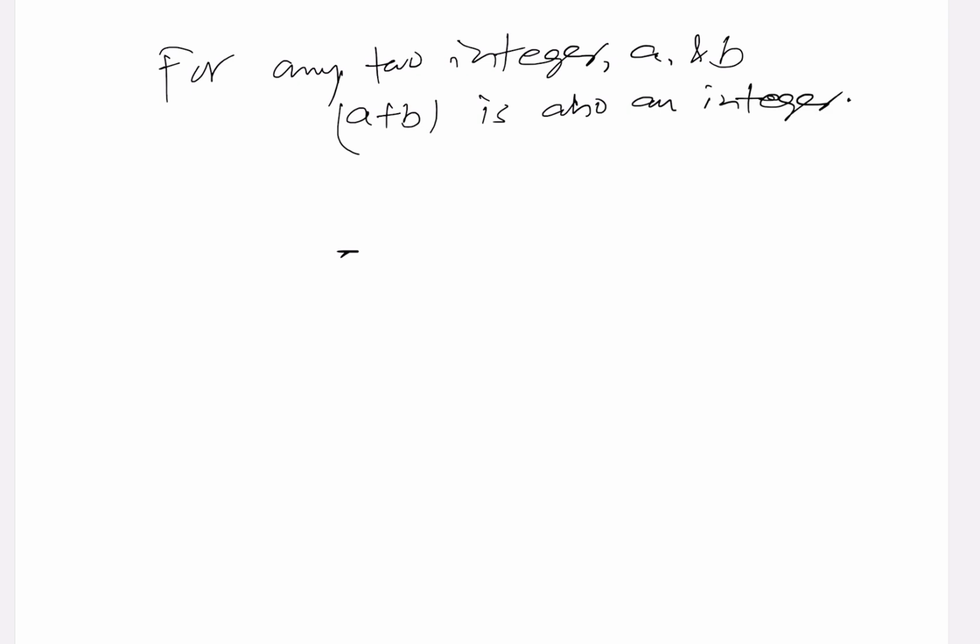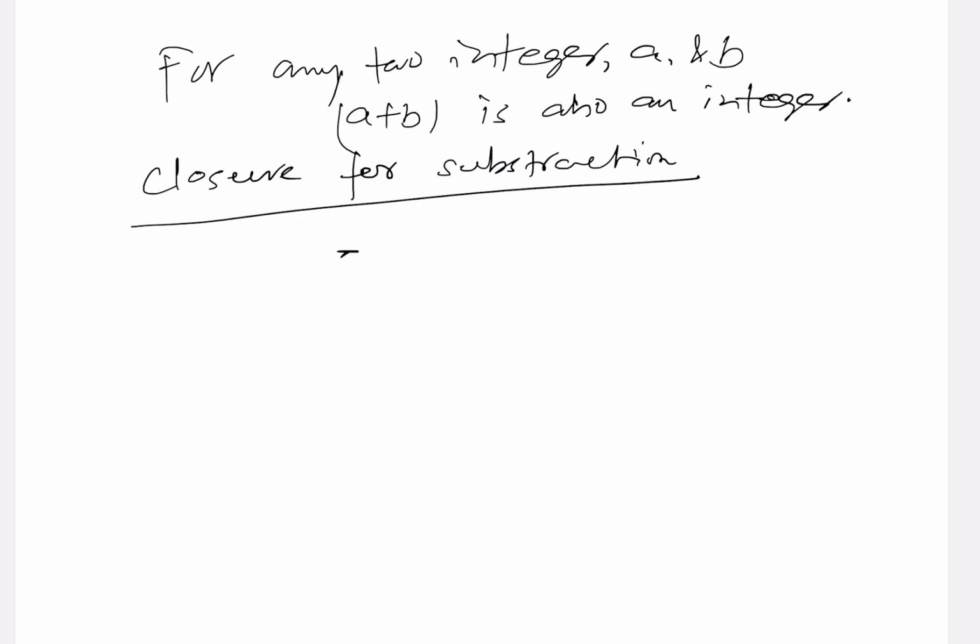In the same way we will see closure for subtraction. First example is 7 minus 9 is equal to minus 2, which is an integer.